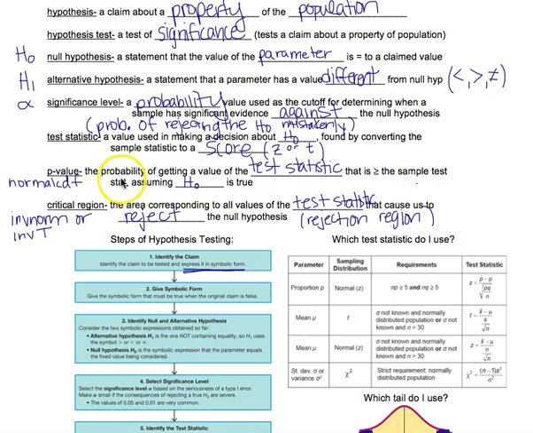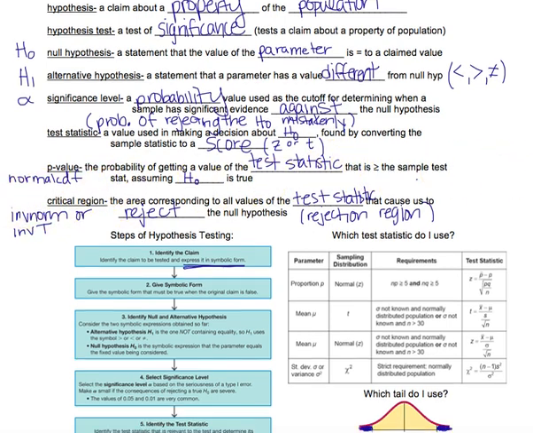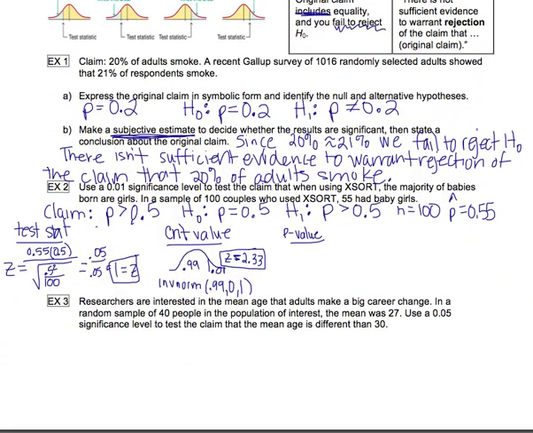We are finding the probability of getting something that is greater than or equal to that. So we use normal CDF. So in this case, I'm doing the probability of Z being greater than or equal to 1, because our sample test statistic is 1.